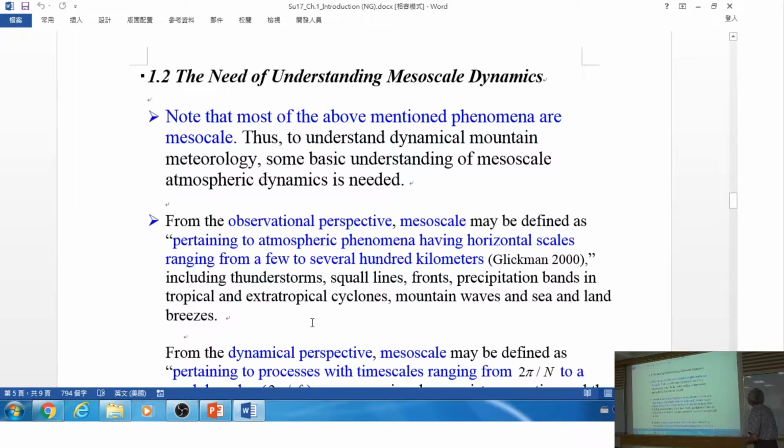The need for understanding mesoscale dynamics. Why do we have to understand mesoscale dynamics? Because most of those orographic-related weather phenomena are generated by mesoscale mountains, so you need to understand mesoscale dynamics.